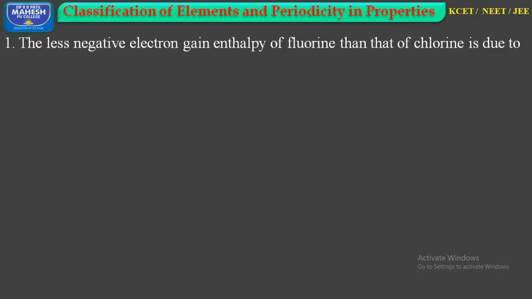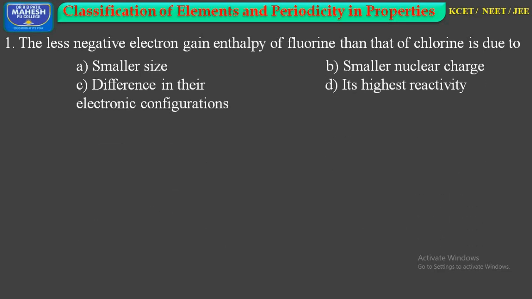The less negative electron gain enthalpy or energy of fluorine than that of chlorine is due to, and the options are option A, smaller size, option B, smaller nuclear charge, option C, difference in their electronic configurations, and option D, its highest reactivity.